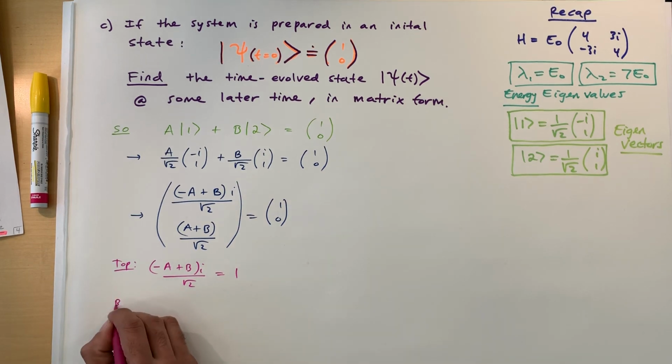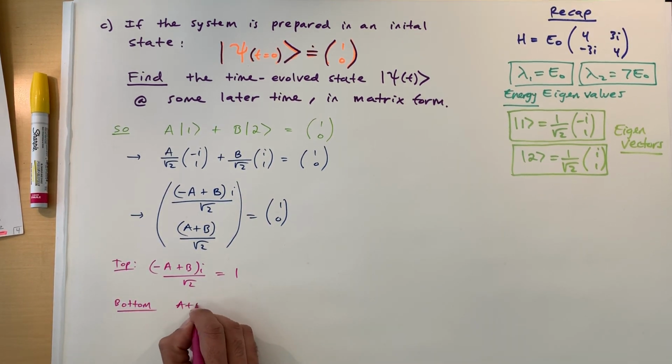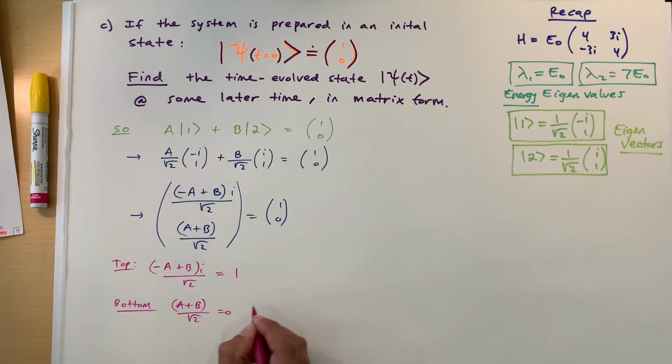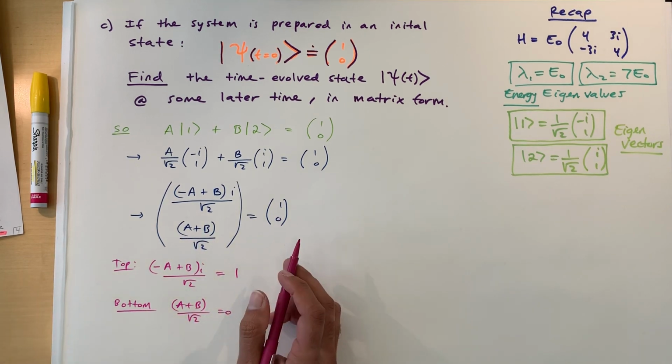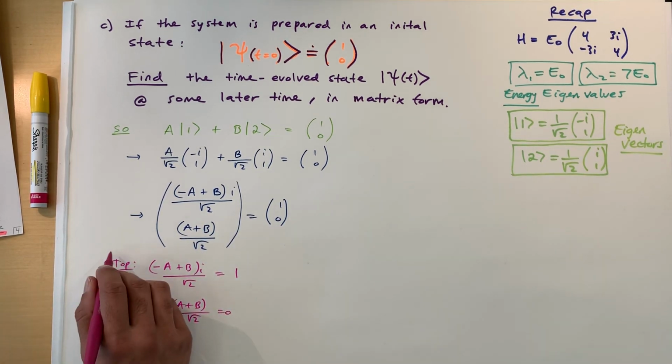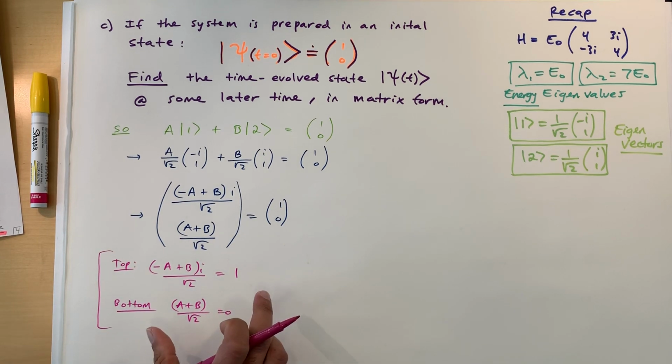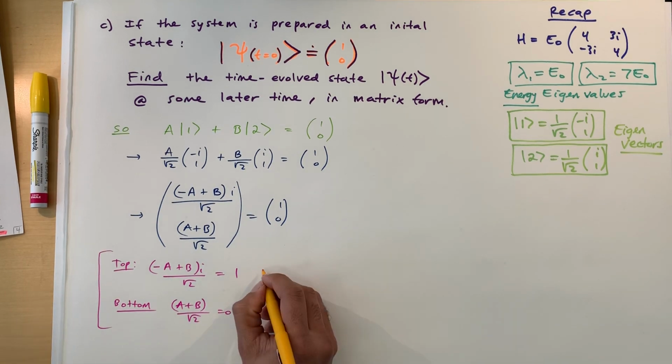And for the bottom, we have A plus B over square root of 2 equal to 0. Now let's work with the top. Again, it's a preference; you can choose the bottom one. I'm going to go with this one.